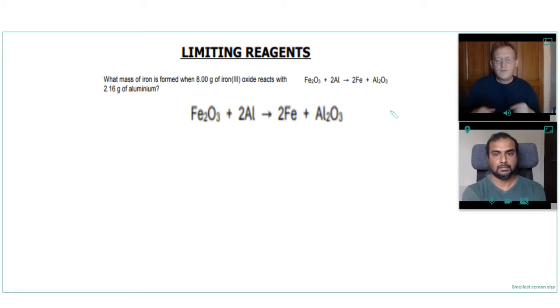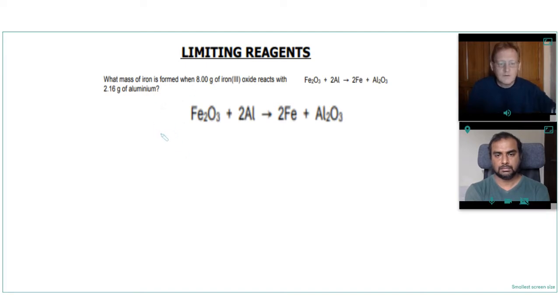And then we can put the information we've got in the question in the relevant place under the balanced equation. So for limiting reagents, we're going to be looking at the moles of the reactants, first of all. So I'd suggest under iron oxide and aluminium, we write down the mass, the MR, and the moles.